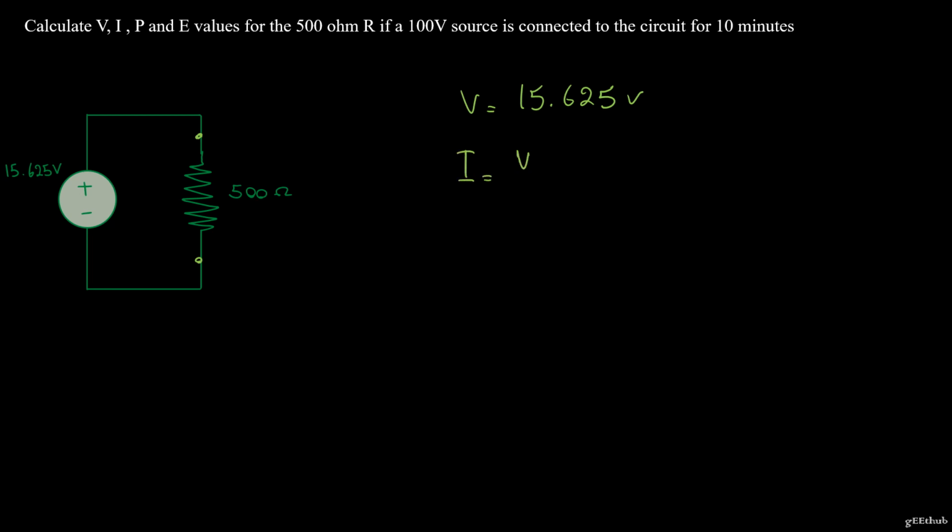It's V over R. 15.625 divided by 500 is equal to 0.031 amps, or 31 milliamps.